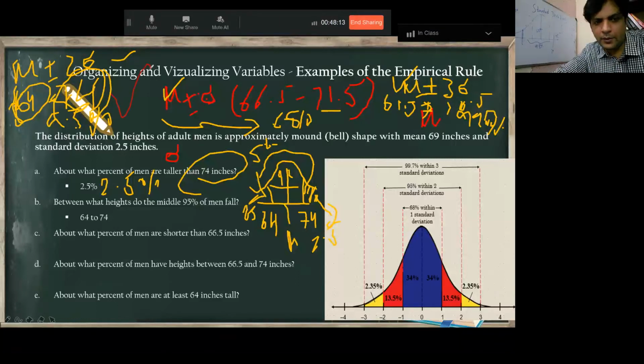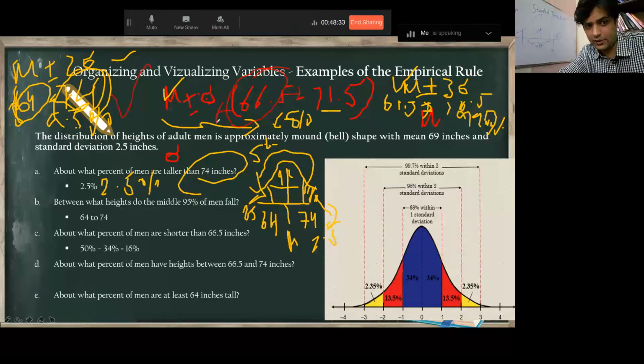About what percent of men are shorter than 66.5? Now 66.5 is here, so shorter means they lie here, less than this. So 50% minus 34% is 16%. You subtract from 50% because between Q1 and Q3 there is 50% of the data.